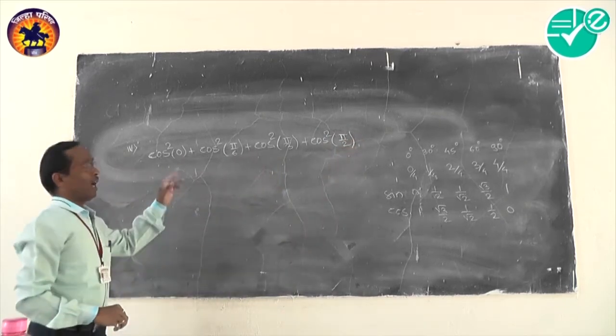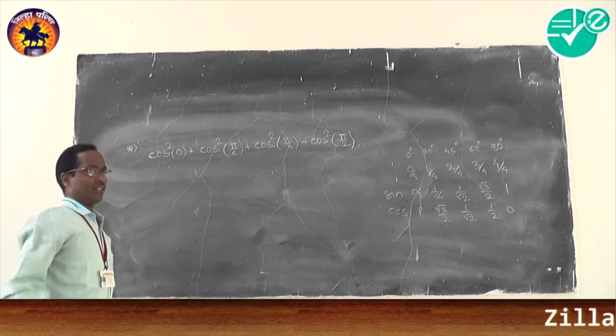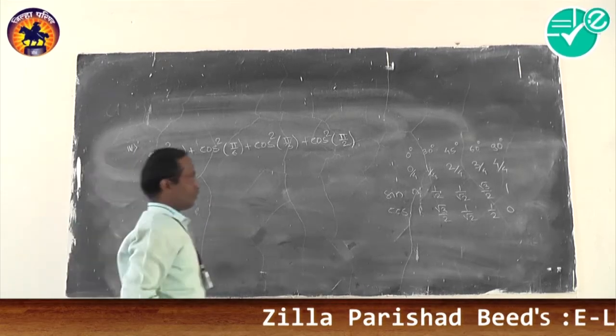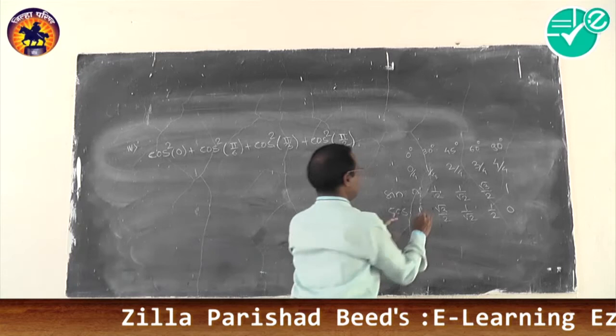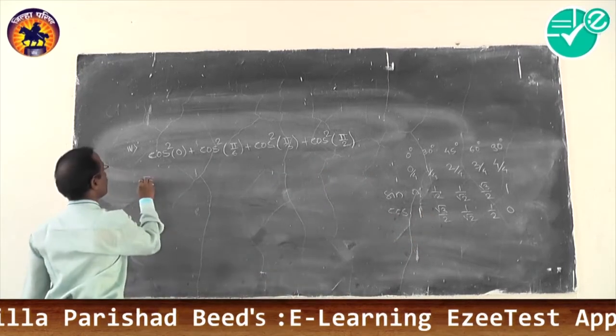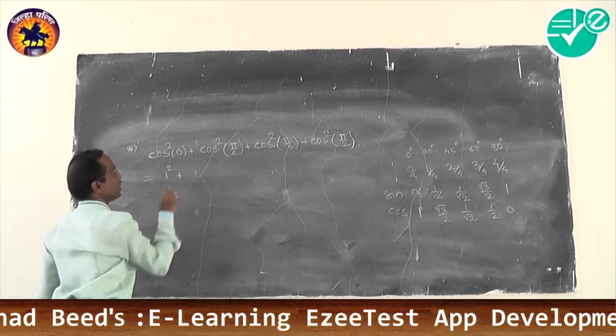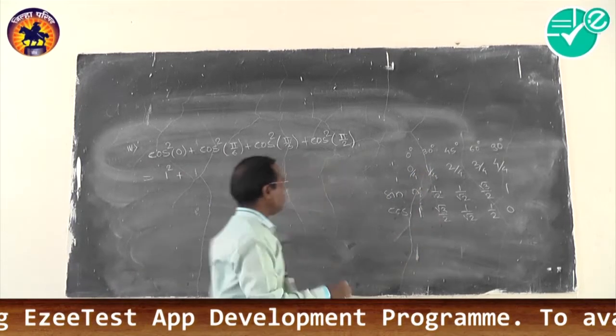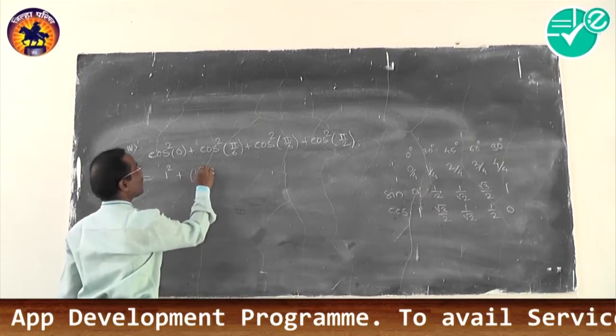Here the measures of the angles are given in radian form. What is the value of cos 0? It is 1, squared. Plus cos 30 degree, since pi by 6 means 30 degree, root 3 by 2 squared.